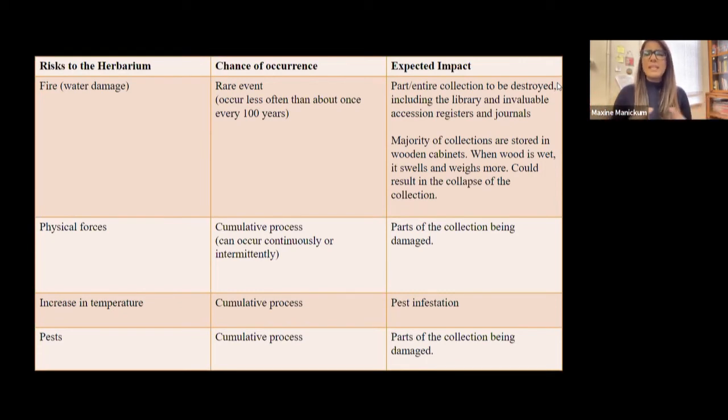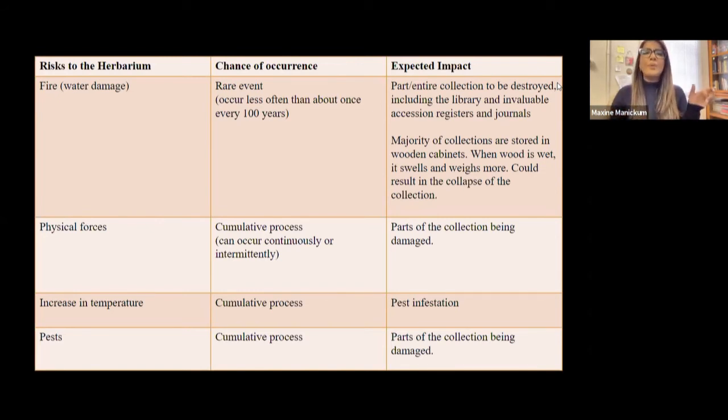Now we have approximately 8 accession registers at the herbarium, detailing most of the specimens that are found in the herbarium, as well as journals from the late John Medleywood, where he would detail his plant collecting trips. Unfortunately, none of these have been digitized as yet. So if a fire had to break out, there's a possibility of losing this valuable information.